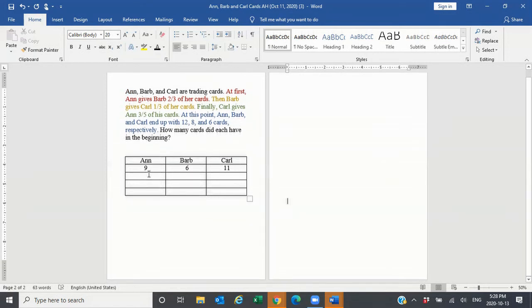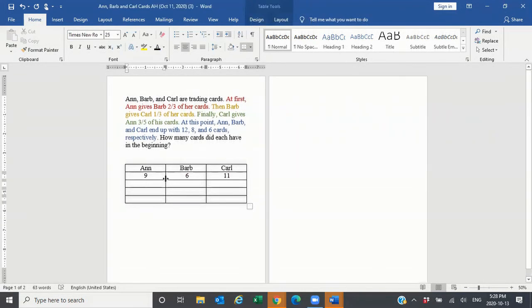So for her, we do 9 minus 6. 9 minus 6, of course, is 3. And Barb, we will give her 6. So 6 plus 6 equals 12. And Carl played no role in this part of the question, so we will keep him at 11 cards.